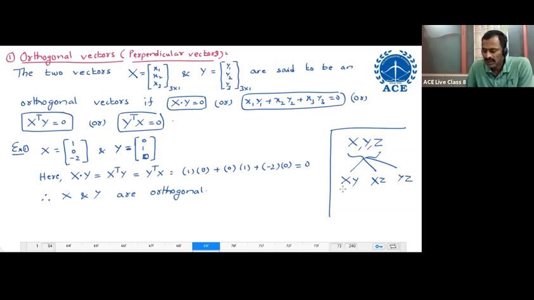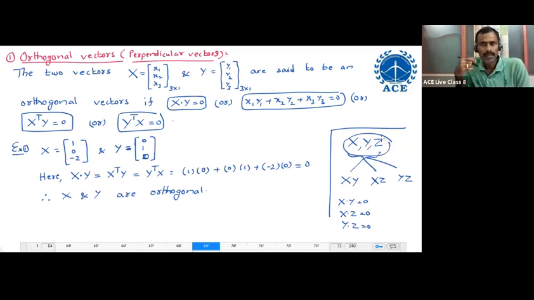If every pair is orthogonal, that is, x dot y equal to 0, x dot z equal to 0, y dot z equal to 0, then we can say that the three vectors are pair-wise orthogonal.